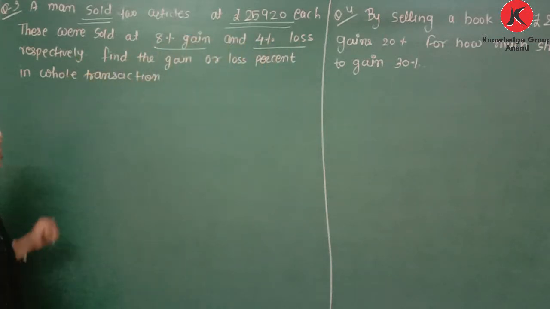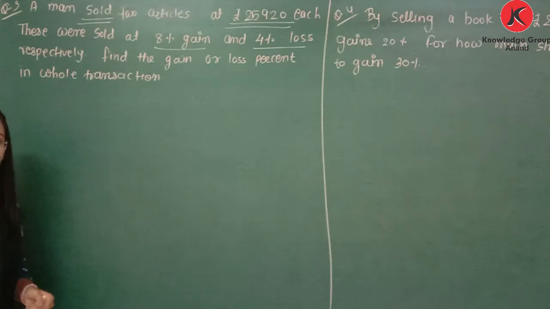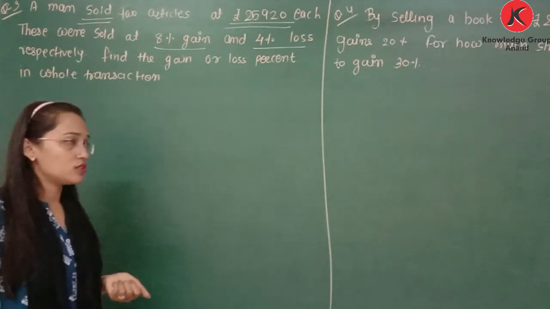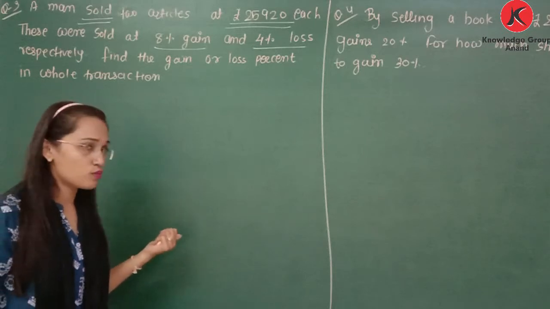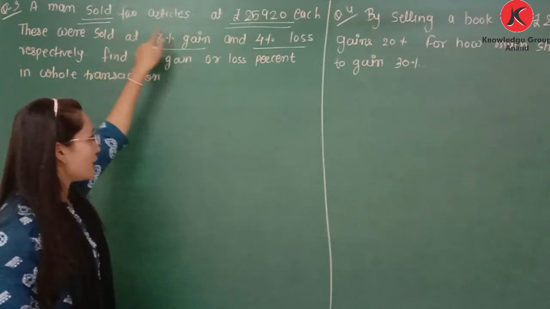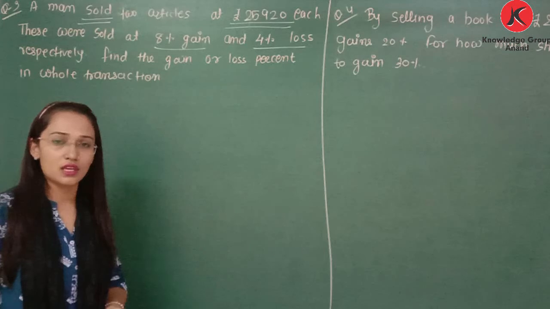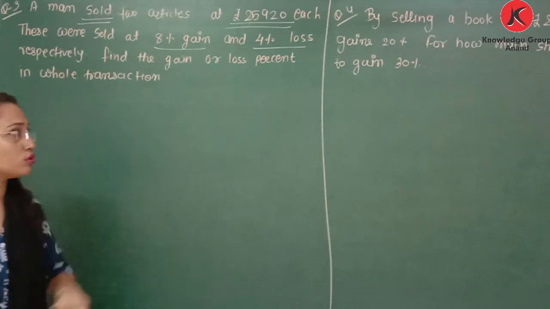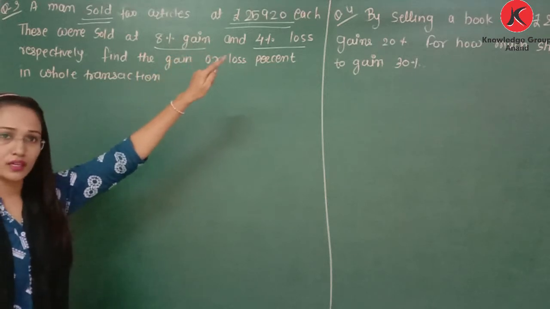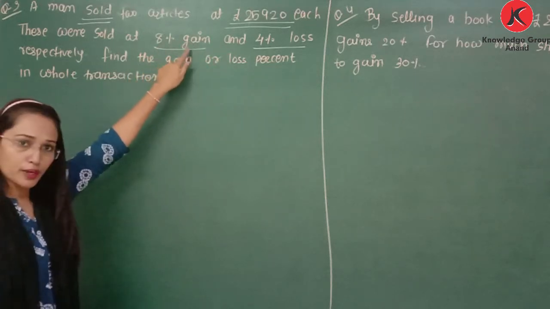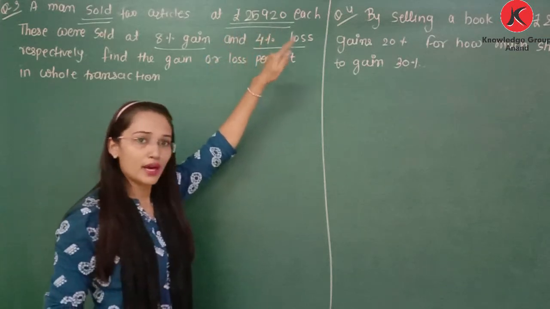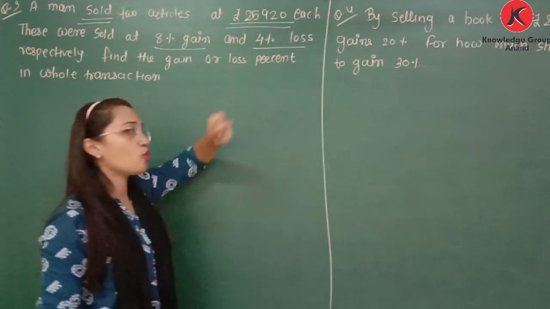Find the gain or loss percent in the whole transaction. So here what is the question? We already saw this kind of example in the textbook. So selling price of the article is given. Here we have two articles. One article is sold at 25,920 and he gets a profit of 8%. And the other article is sold at 25,920 and he gets a 4% loss.